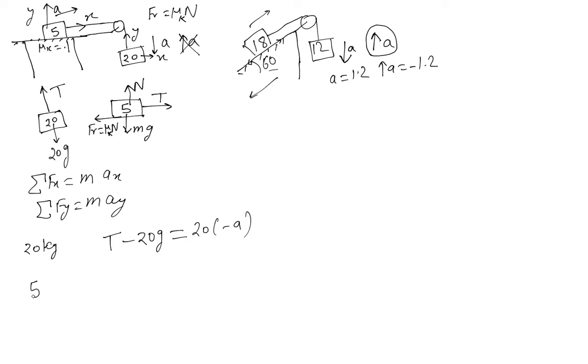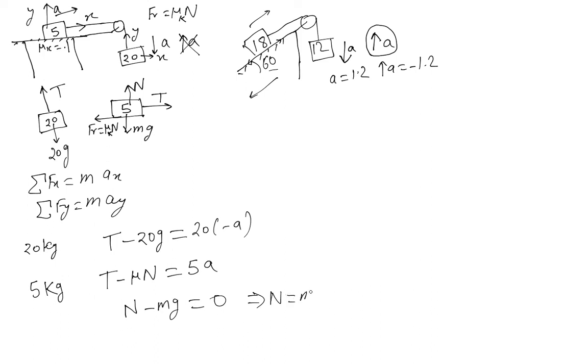And let's try writing for the 5 kilogram mass. For the 5 kilogram mass, the x equation will be T minus mu n equals 5A, and the y equation will be n minus mg equals 0. So there is no a_y. Okay, how to solve this? Well, you can replace n.